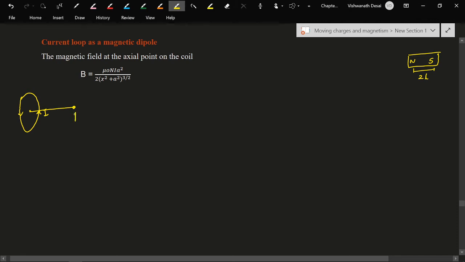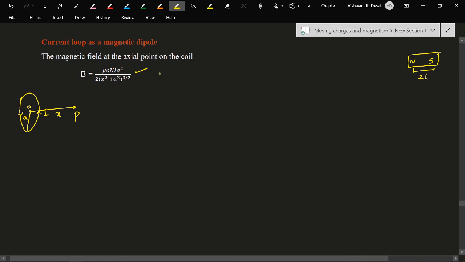The magnetic field at point P along the axis is given by B is equal to mu naught N I A square divided by 2 times x square plus A square to the power 3 by 2, where A is the radius of the circular coil, x is the distance from the center O of the coil where we are finding the magnetic field, and n is the number of turns.